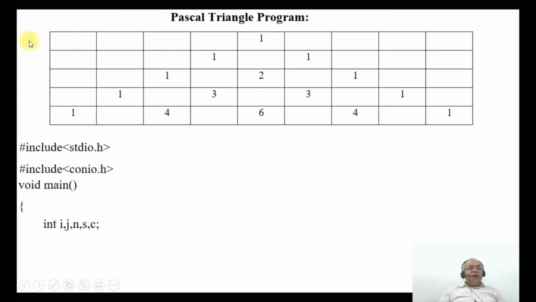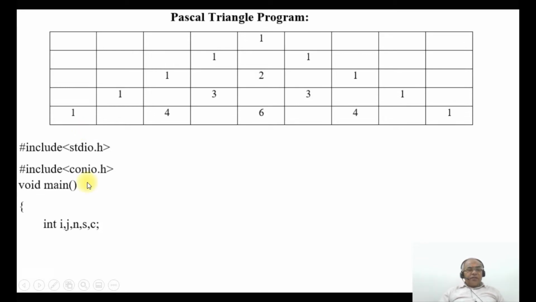And if you see i is equal to 0, we have 4 spaces. If i is equal to 1, we have 3. If i is equal to 2, we have 2. If i is equal to 3, it becomes 1. If i is equal to 4, it becomes 0. So as the number of rows increases, the space starts decreasing.